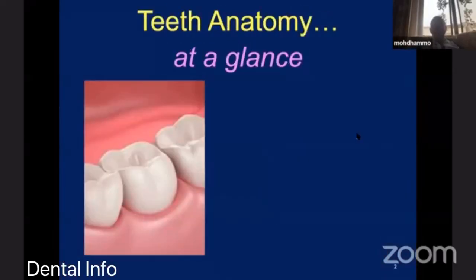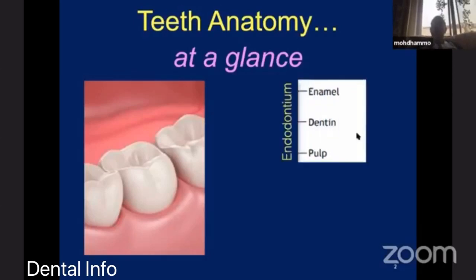But let's take a quick look at the tooth anatomy. If we look at the tooth, we are dealing with two parts. The first part is enamel, dentin, and pulp, which is called endodontium.